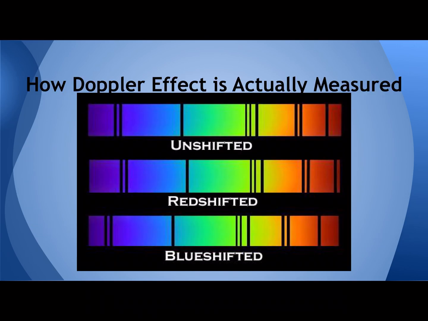So how do we actually measure the Doppler effect? How do we even know that it's happening? What astronomers generally do is they look at the spectrum of the starlight that they receive. And buried within the spectrum is information that they can use to determine and measure this effect.